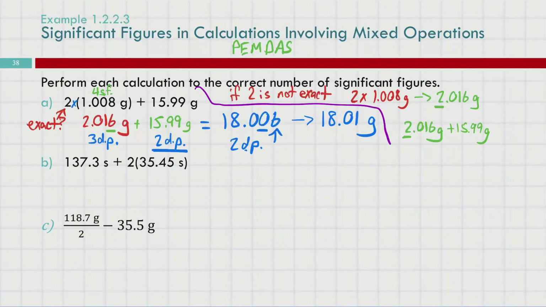It's not 4. It's not 2. It's 0. It's 0 because this 2 is our last significant figure. We have 0 places after that decimal that are significant. That's why we include this little line. So this one is actually 0 decimal places, 2 decimal places. The smaller of those is 0.